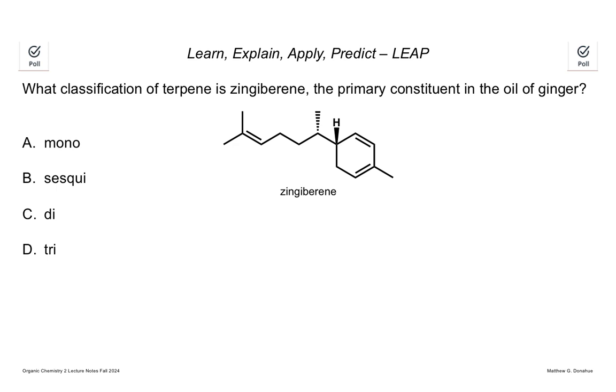The other thing you could do is count the total number of carbons. That will help you classify it as well. How many isoprene units do you see? 3. So 3 times 5, that's 15. So that's 1.5, which gets us our sesqui.